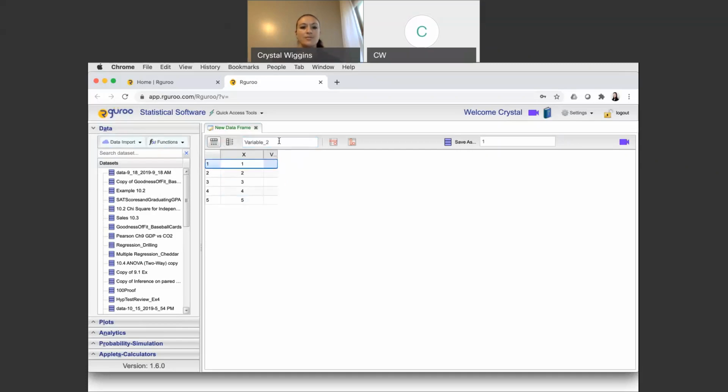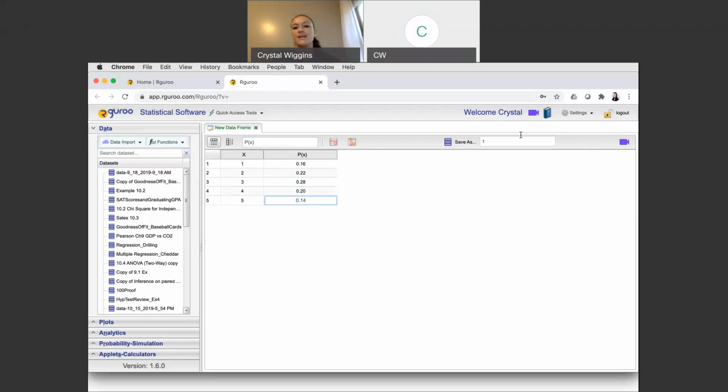And then variable 2, I'm going to label as the p of x, the probability of the random variable x occurring. And I'll type in the values from the PowerPoint: 0.16, 0.22, 0.28, 0.2, and lastly 0.14.